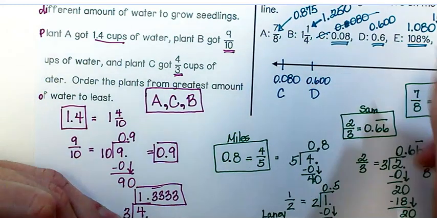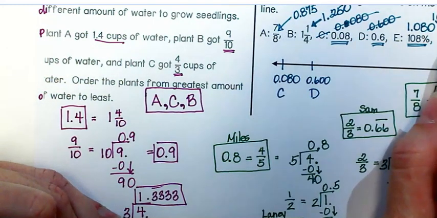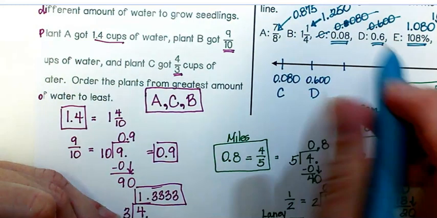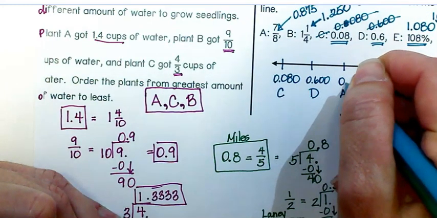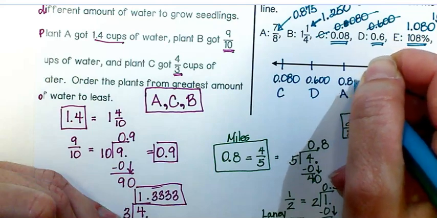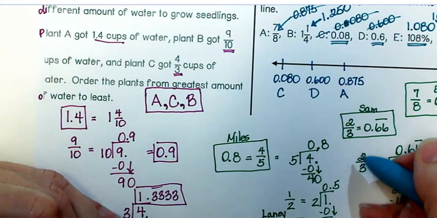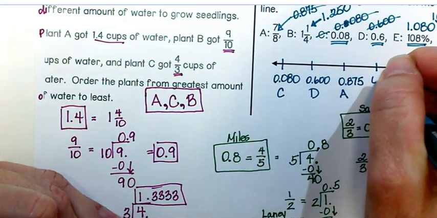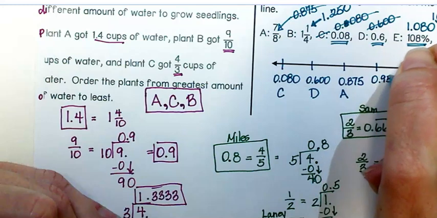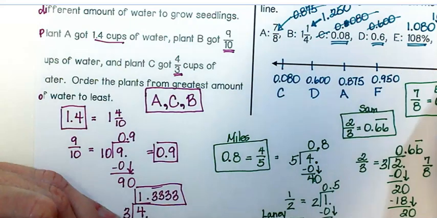In other words, that's D. Okay, 0 in the ones place, and then the next smallest number in the tenths place, that's going to be this guy, A, because that is 0.875. 0 in the ones place, but a 9 in the tenths place, that's F.